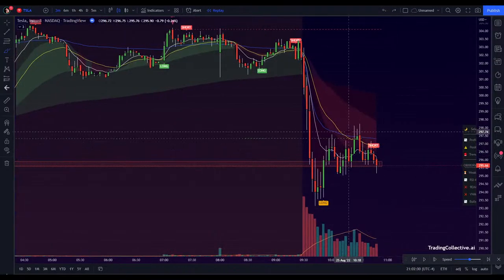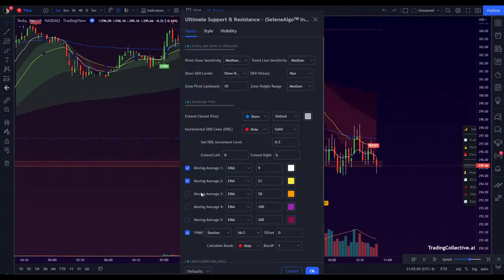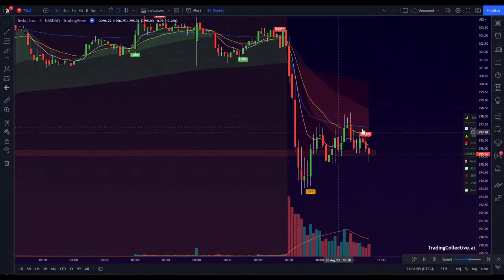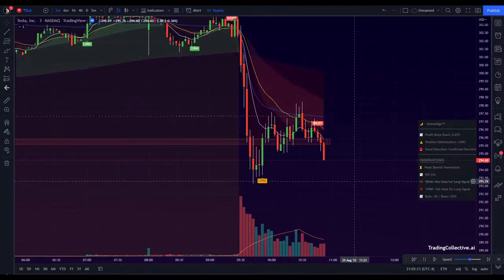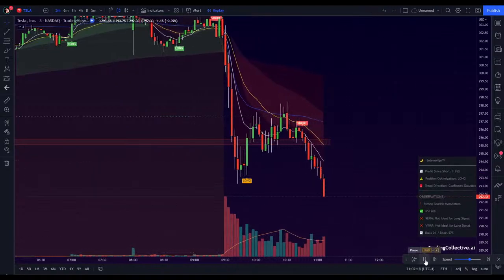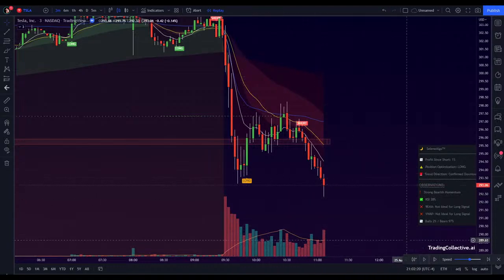Also, we see our VWAP and 200 EMA, which is not actually our 200 EMA, this would be our 21 EMA. VWAP and 21 EMA crossing, and we start to get another short signal, so we're wanting to go short again. And this is basically how it works in real time. So you're seeing us breaking low of day here.